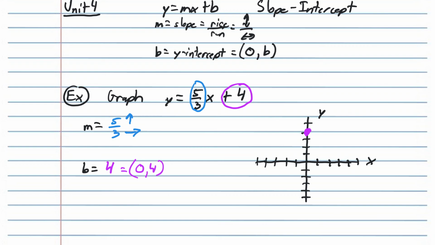Your other option, and it's kind of a trick, if you can't go up 5 spaces and then right 3, like there's not enough space, the trick is you are also allowed to do the exact opposite, because it's going to be the same line. Okay, so instead of going up 5, you could go down 5, and instead of right 3, you can go left 3. So you are allowed to do the exact opposite, and you'll get the same answer.